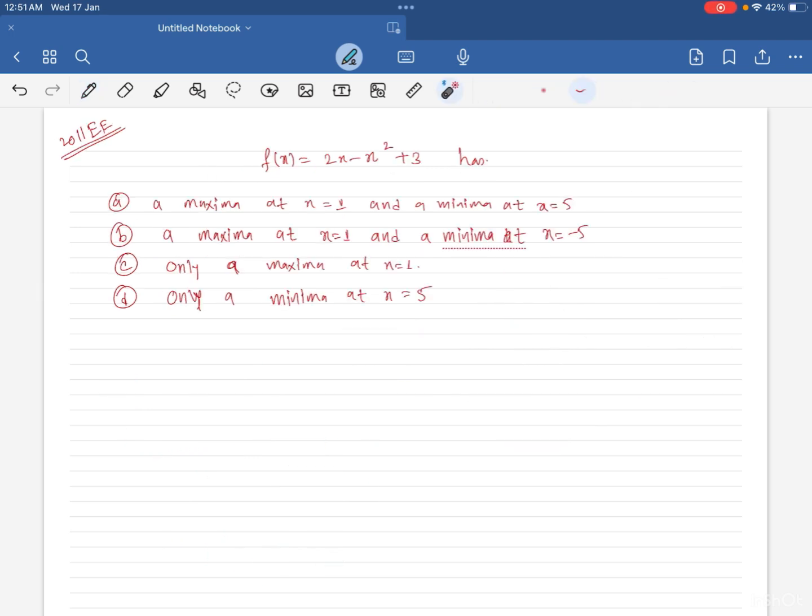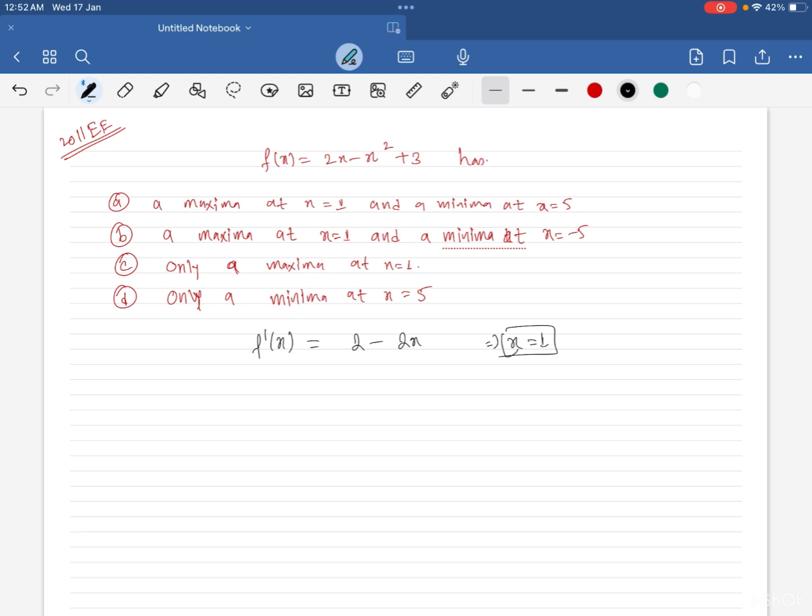So we have this question, that is f(x) is equal to 2x minus x square plus 3. We have to find again the maxima and minima, at which point we have maxima and at which point we have minima. So f dash x will be 2 minus 2x, so from here x is equal to 1, right?